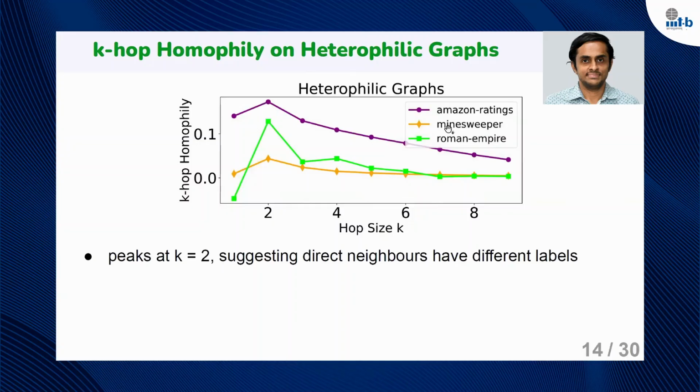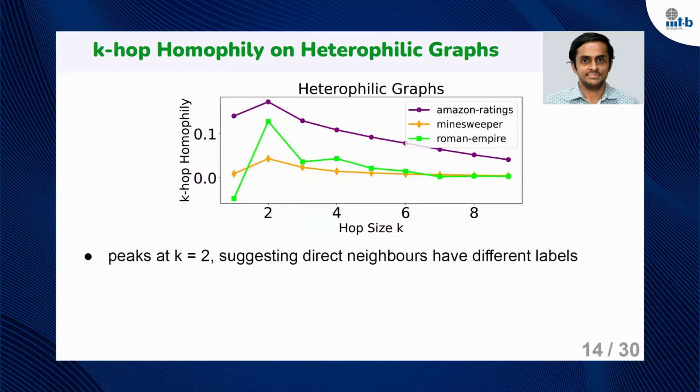To summarize the trends, all the data sets peak at k equals 2. All the heterophilic graphs have the highest homophily values at k equals 2. So nodes that are 2 hops away are actually more likely to have the same label than nodes at any other hop.